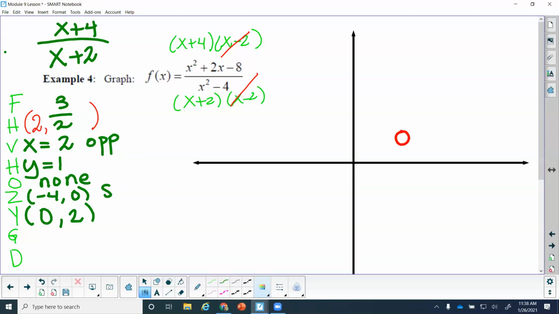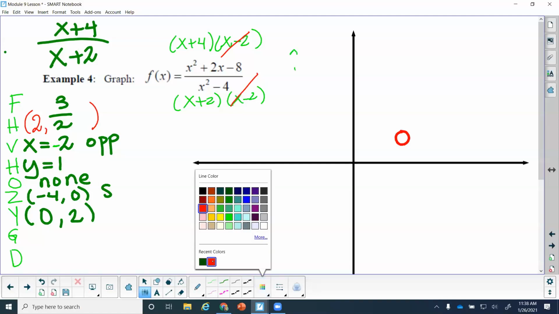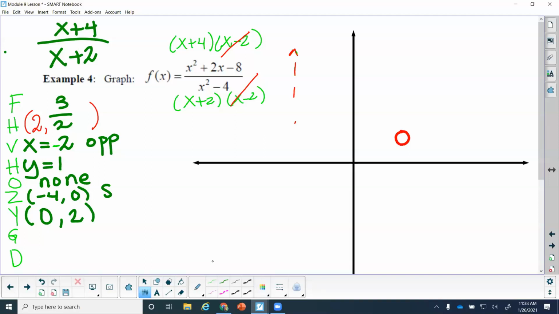All right, I'm also going to draw my vertical asymptote, which is x = -2. Opposite behavior.